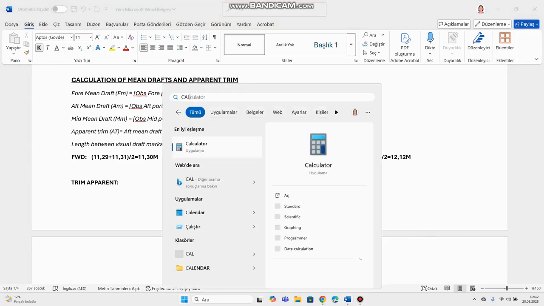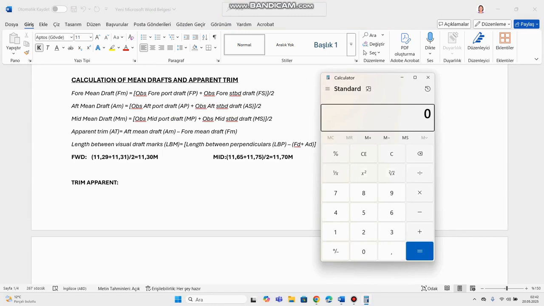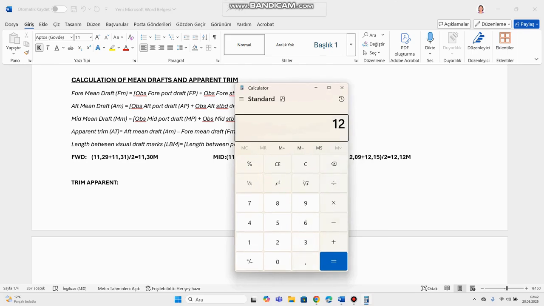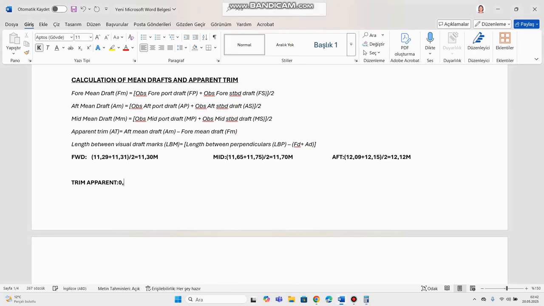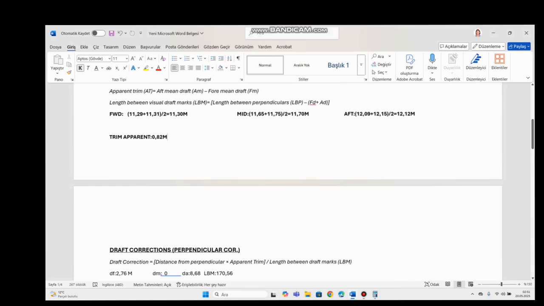Let's calculate: 12.12 minus 11.30. Our apparent trim is 0.82 meters. After this step, we will make draft corrections for perpendiculars.